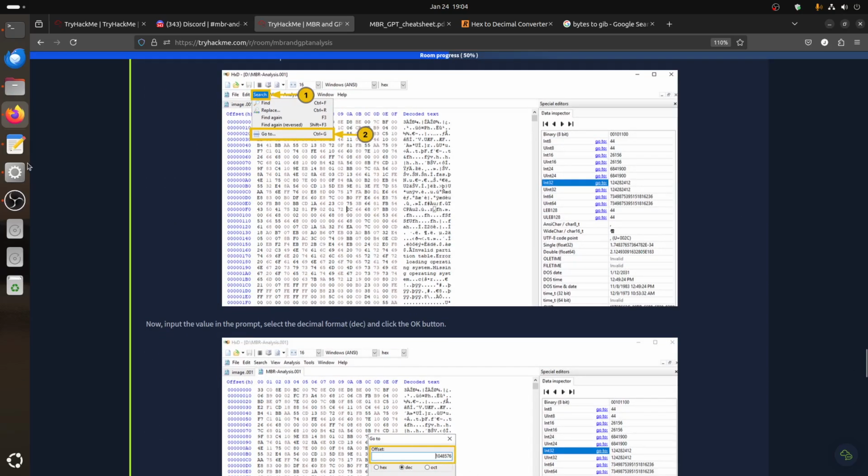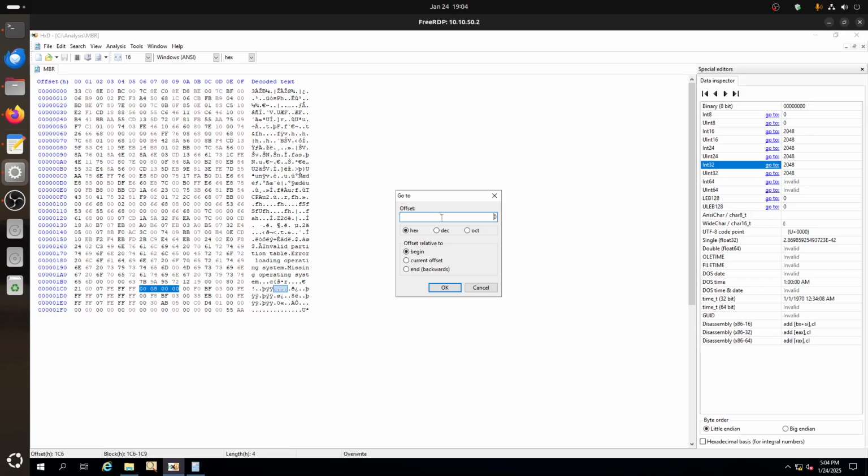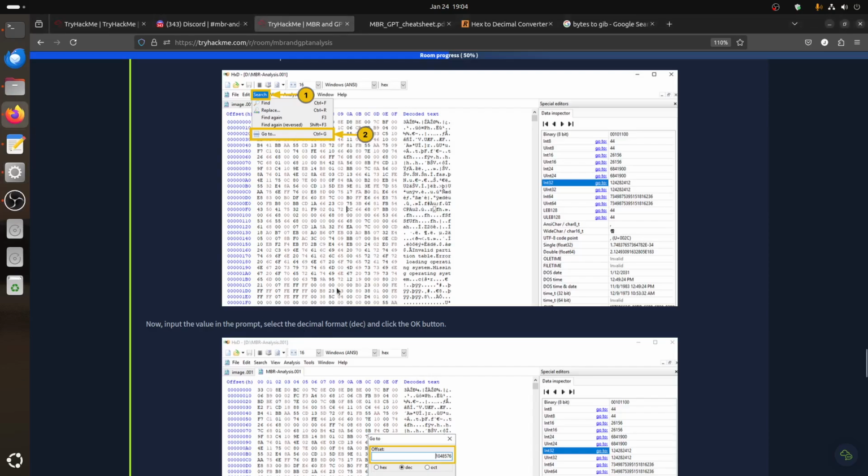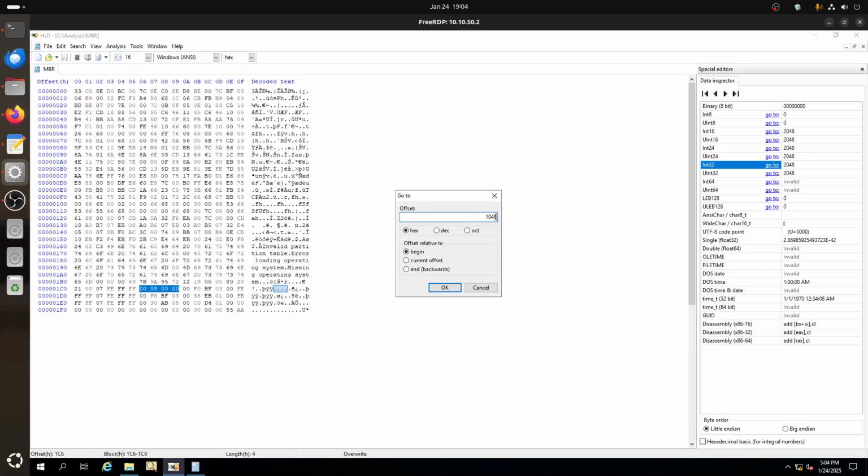It's 1048576. Even the example is not the same.